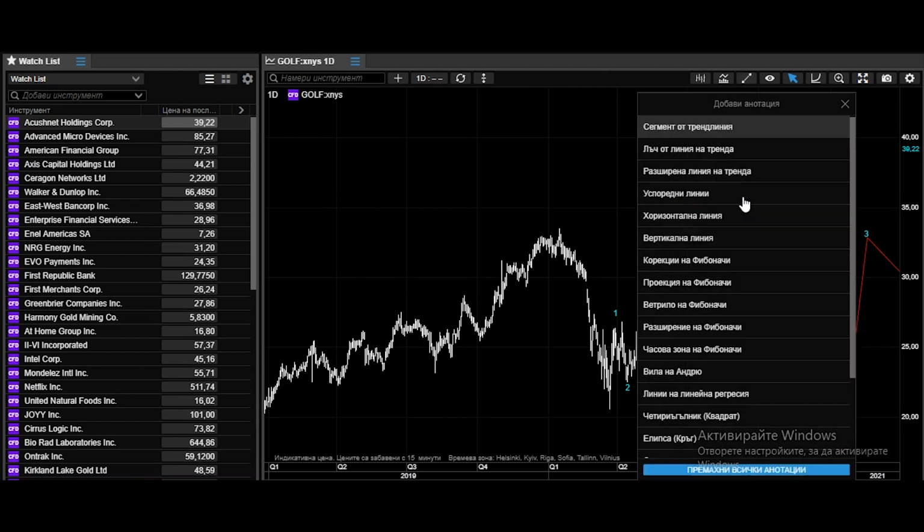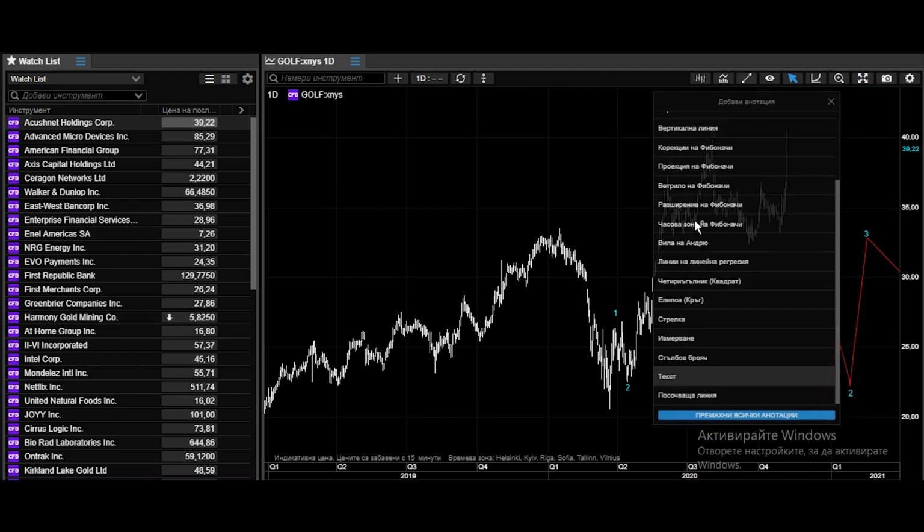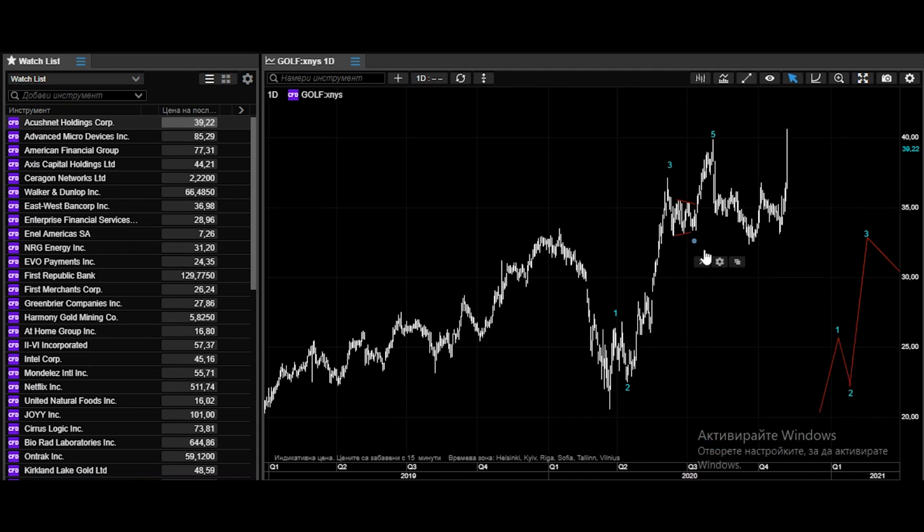It's also very important to note that the triangle precedes the final movement, the last movement of the wave sequence. And this is exactly what happens: after this triangle, followed by the 5th wave, which is the last of the wave sequence, we see the expected decline in price.